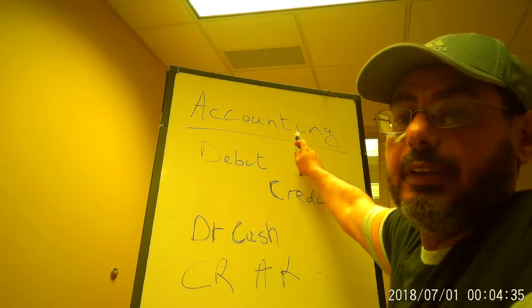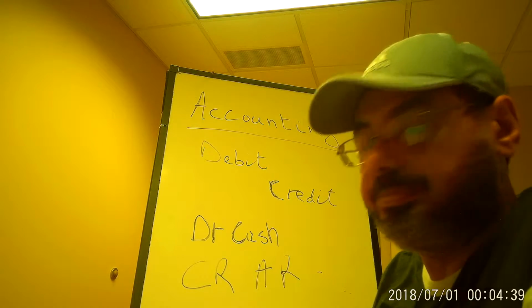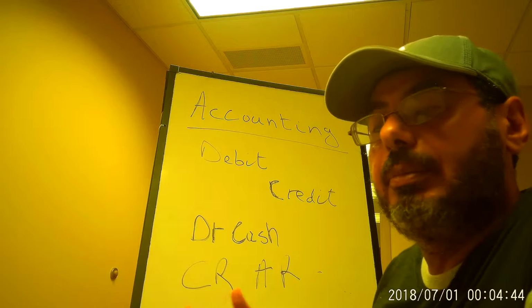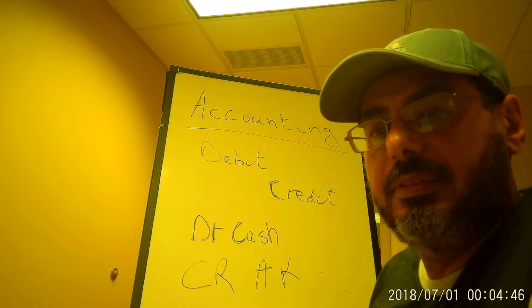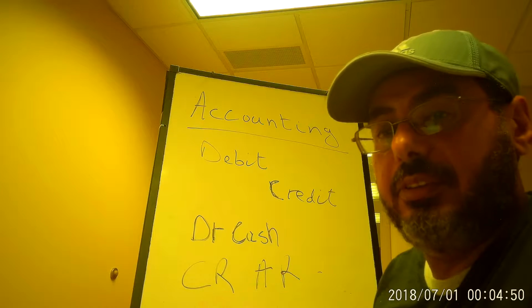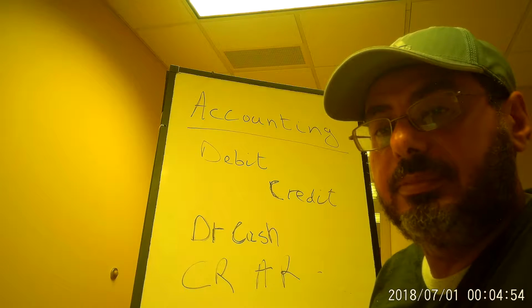If we're going to talk about accounting, we need to talk about what accounting is. Accounting is the process of getting the financial and accounting information and then recording it.